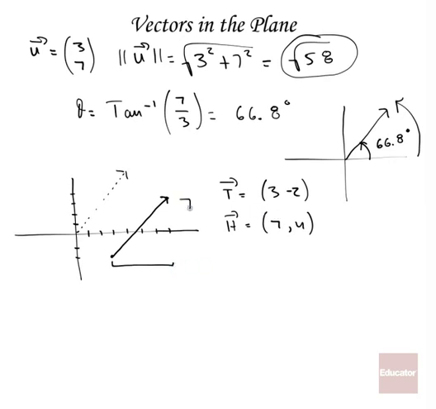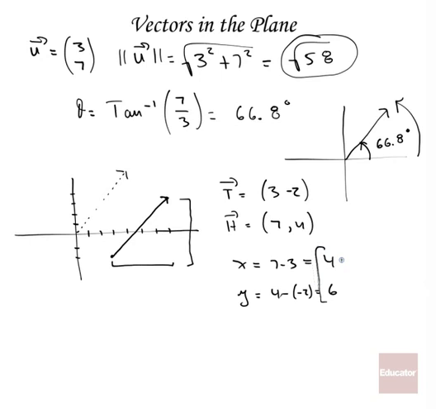And our y value is the difference between the y values here and here. So let's find our x. It's equal to 7 minus 3. Always do the head minus the tail. Equals 4. And our y is equal to 4 minus negative 2, which is 6.